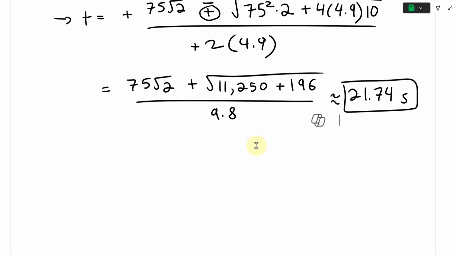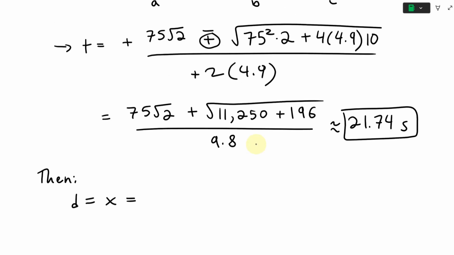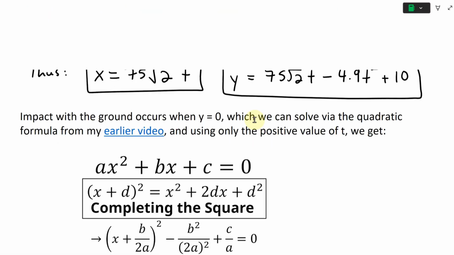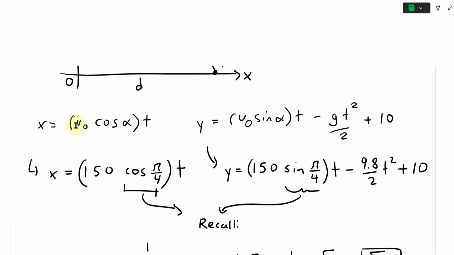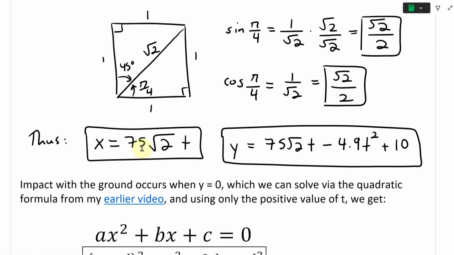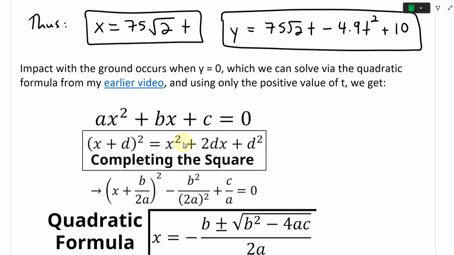Alright, so then our x value, or is it going to be d now, actually? So d is equal to x, and that is going to be, well, x is 75 times square root 2 times t.